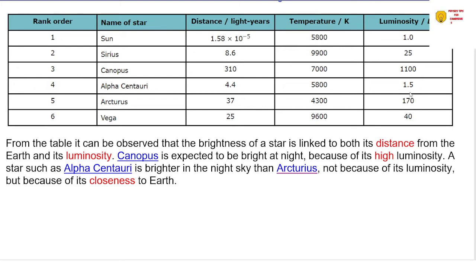This is not because of its luminosity, but the fact that it is closer to us. As you can see, 4.4 light years away. So it's going to be brighter than this one because it's far away. So like I said, there are other factors that need to be taken into consideration.